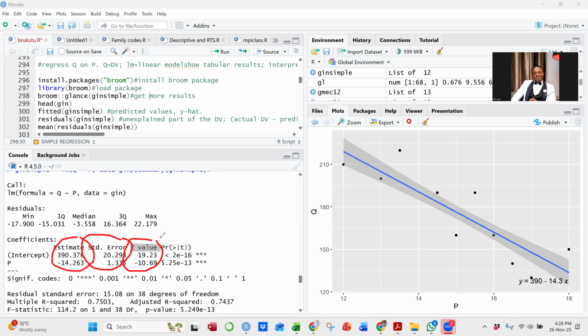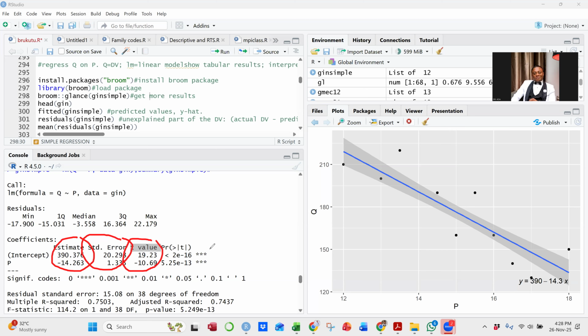The standard error can help you get the p-value, because once you have the t statistic, which is also called the t-value, you can now read that on the t-table, and you can find the p-value. And as you know, the p-value tells you the error you have actually made in the research. And so you want the p-value to always be smaller.